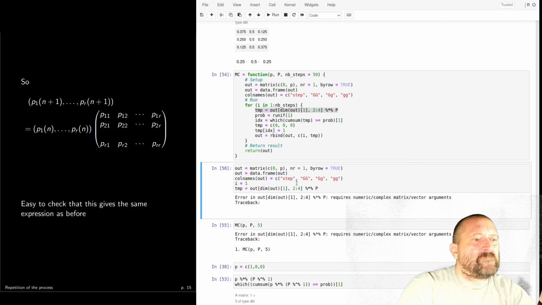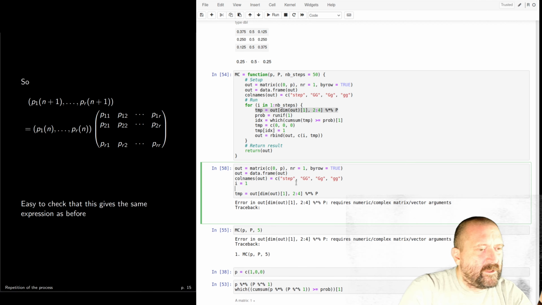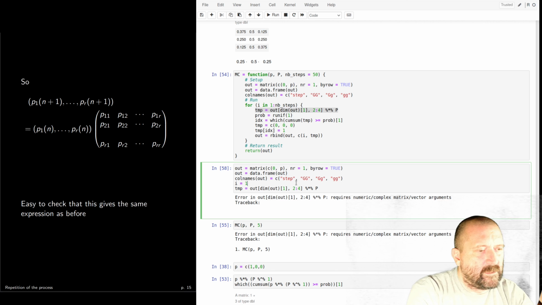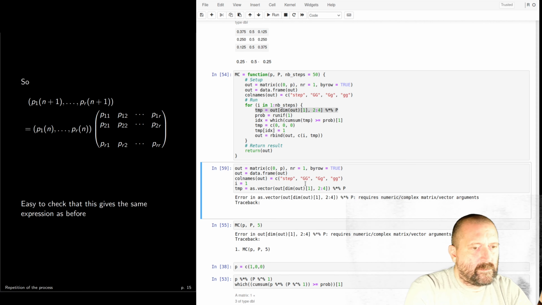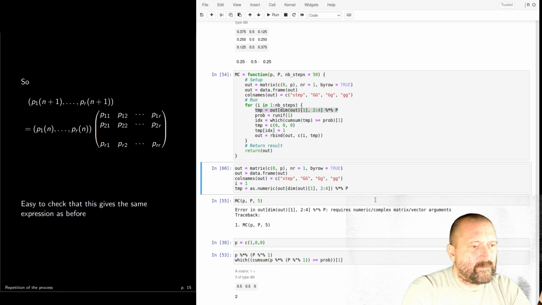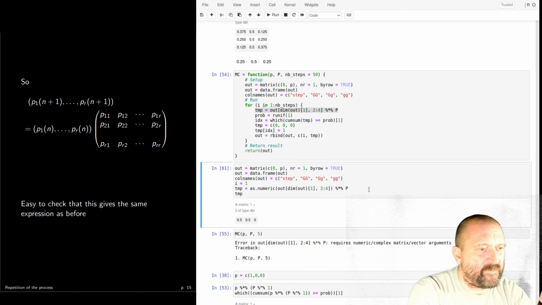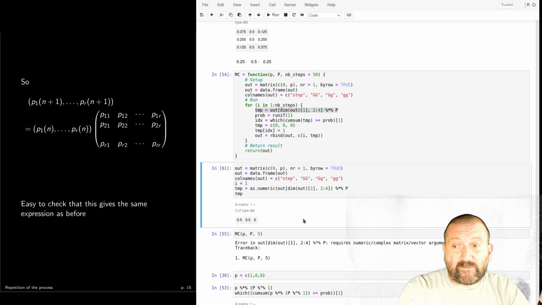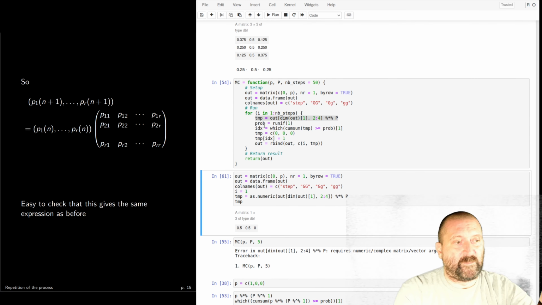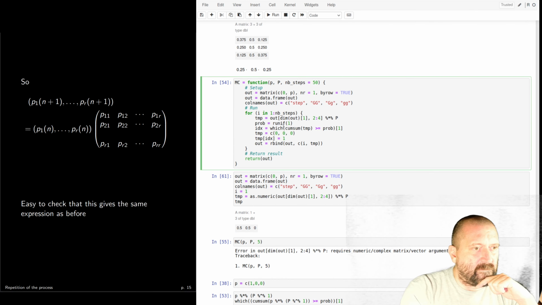Oh, yes, I know what's going to happen. Let's see if I say as vector, this might be what's happening. No, as numeric. Okay, so what is temp now? Looks okay. That's what we want for the first iteration, right? That's what we had before. So here I need to say that this is numeric.